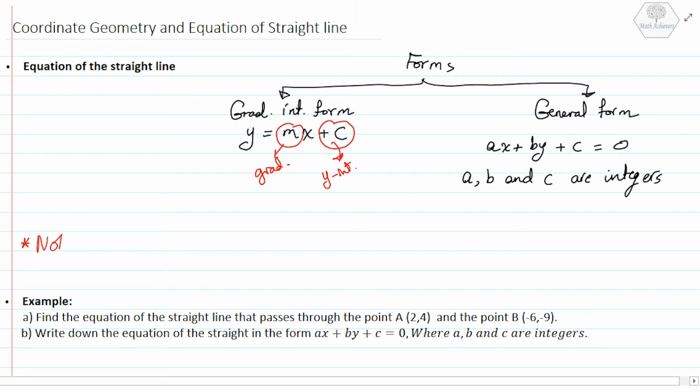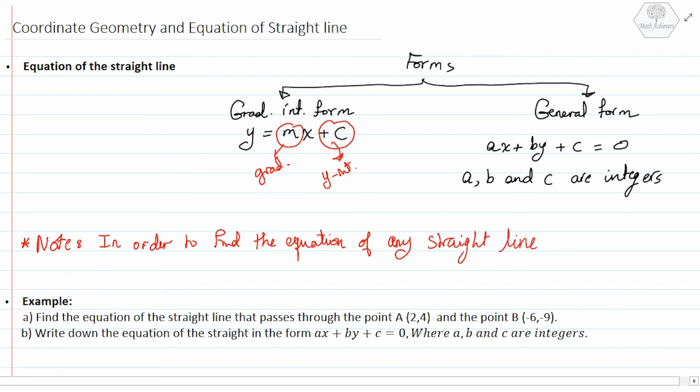In order to find the equation of any straight line, the first thing we need is a point on the line.